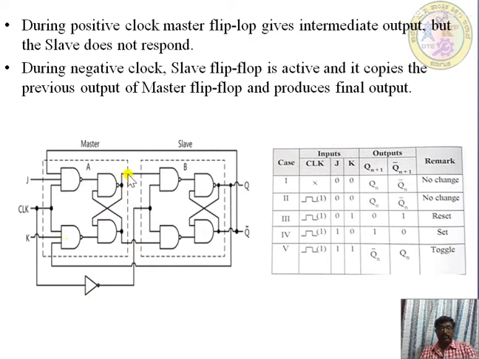Whatever value the master has, the same value will be copied to the slave output when the clock is 0. The clock inverted means it will be 1, and this slave will be in an active state, so whatever output the master has, that is Q is equal to 0 and Q bar is equal to 1, the same thing will be obtained at the output, that is Q is equal to 0 and Q bar is equal to 1. That is, when J is equal to 0, Q is equal to 0, which means it is a reset state.